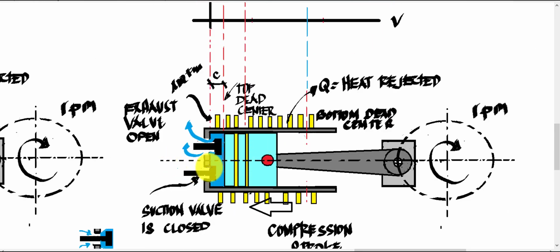At this stage, when we compress the air, the air is being exhausted, the exhaust valve is open and the air is going out. Sometimes this is also called a delivery valve. If you're going to plot that one in the PV diagram, we have here your point 3 at this side.